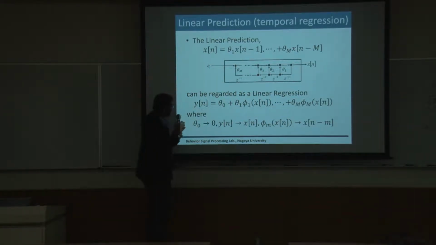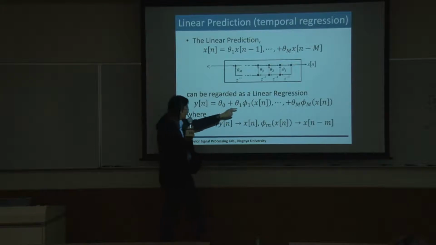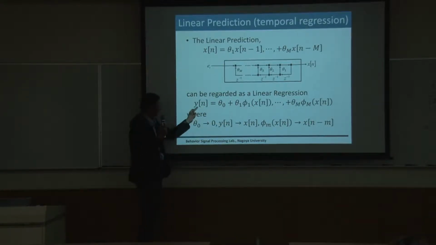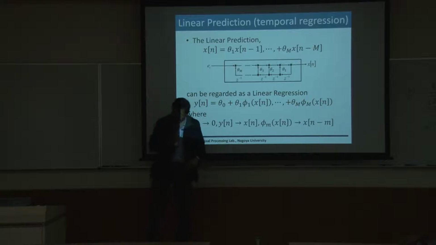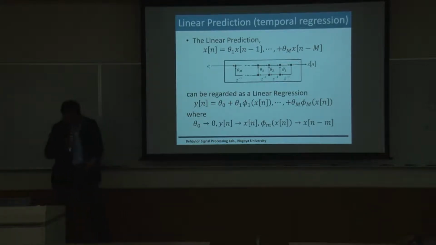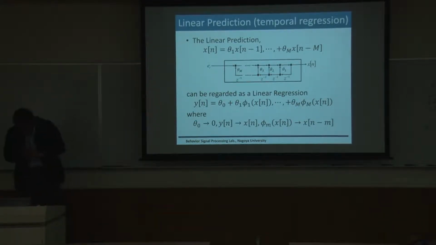And if you remember what I told you about linear regression of the independent variable, you can easily imagine that this can be formulated by completely the same process for finding the optimal thetas.